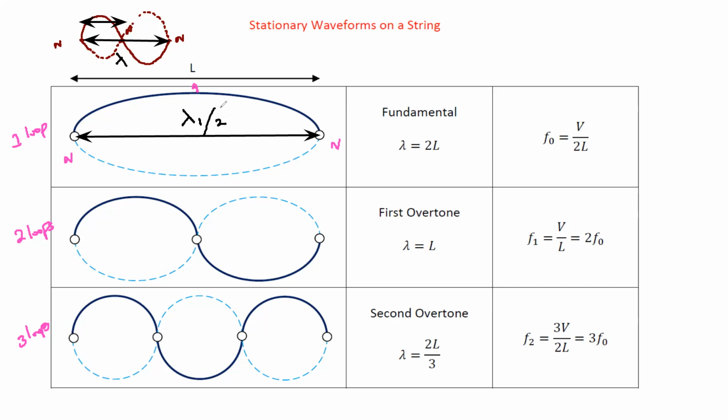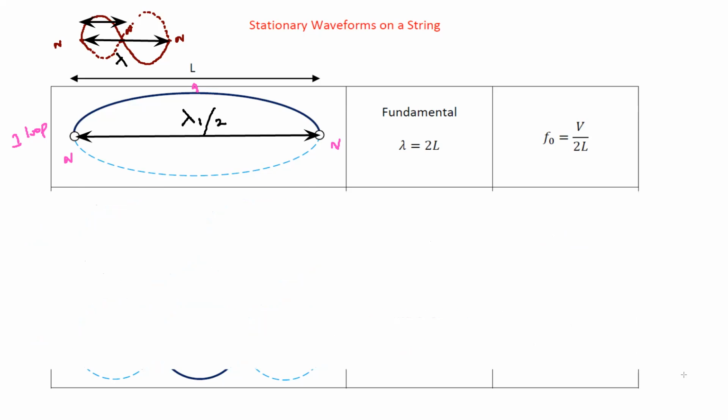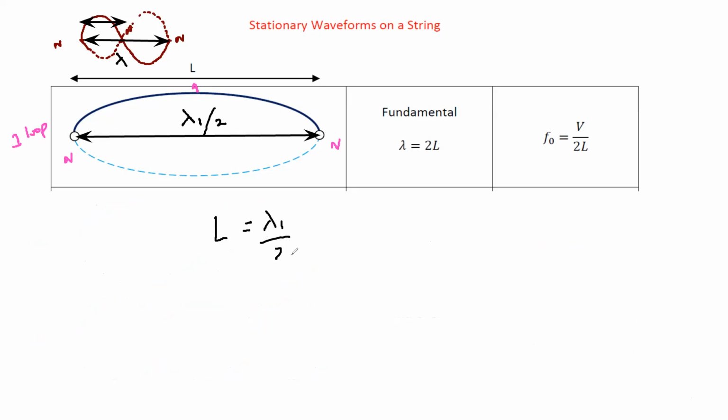The wavelength will change as the number of loops changes. In this case, the wavelength divided by 2 is equal to the distance between two successive nodes, that is lambda 1 by 2. So we can say L is equal to lambda 1 by 2, meaning the length of this string is half of the wavelength.